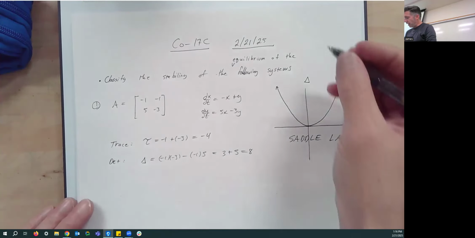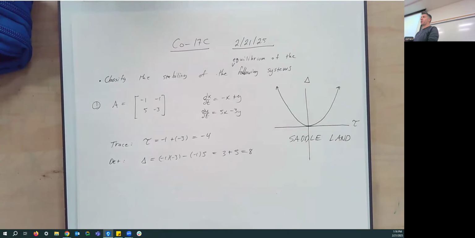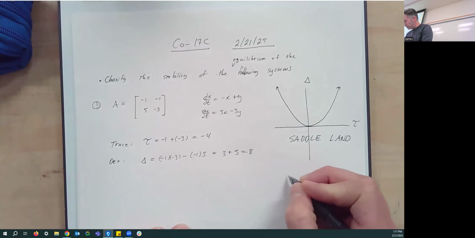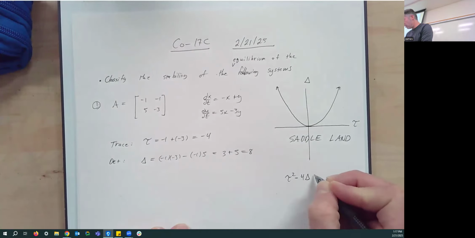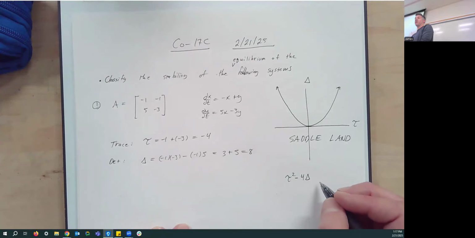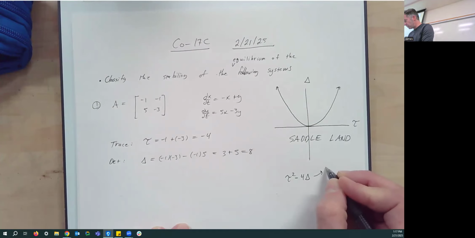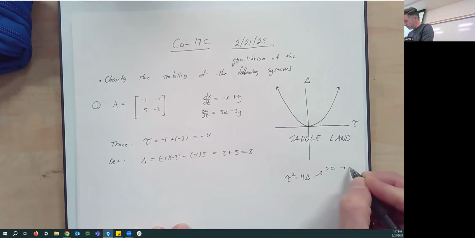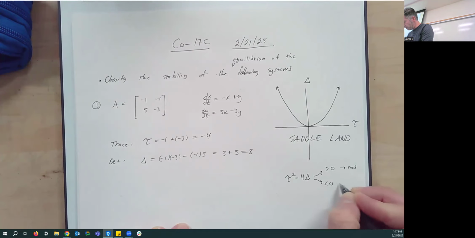When I'm using the quadratic formula, the inside of the square root is called the discriminant, which is tau squared minus 4 times delta. That needs to be positive for having real eigenvalues, negative for having imaginary. So if it's greater than 0, it's going to be real. If it's less than 0, it's going to be imaginary.